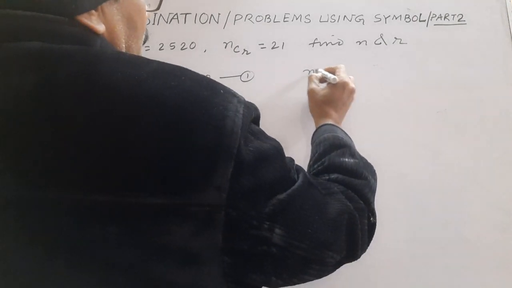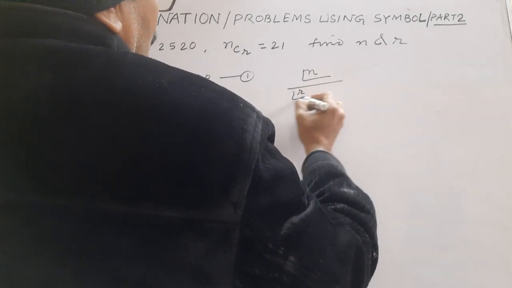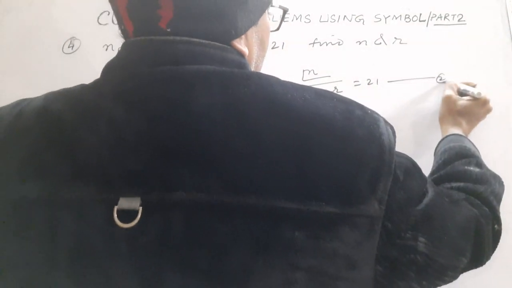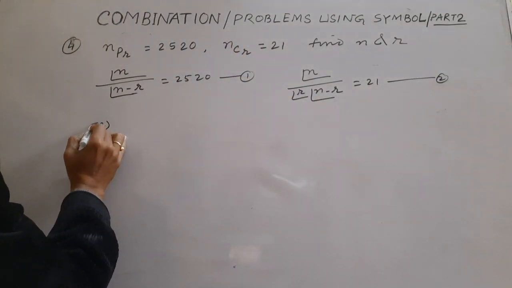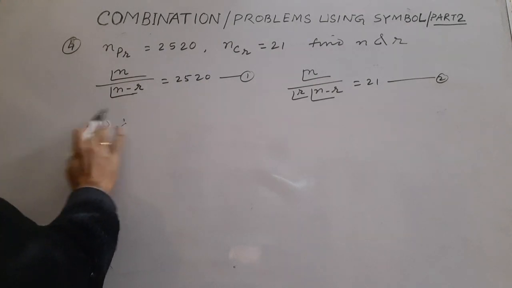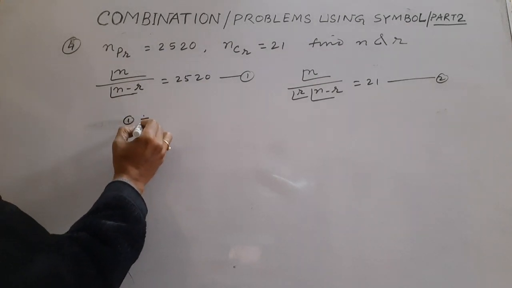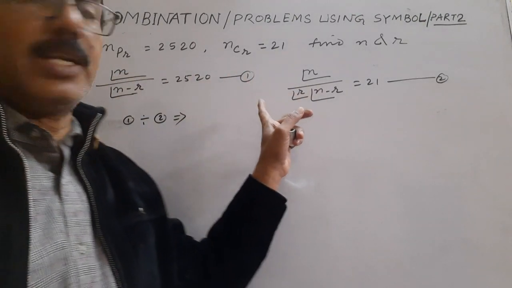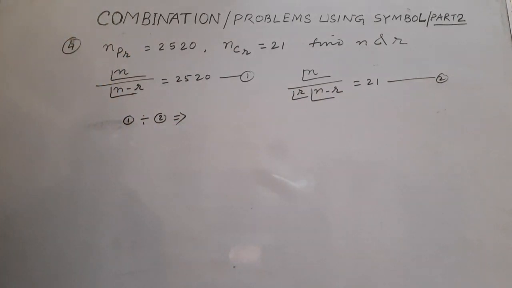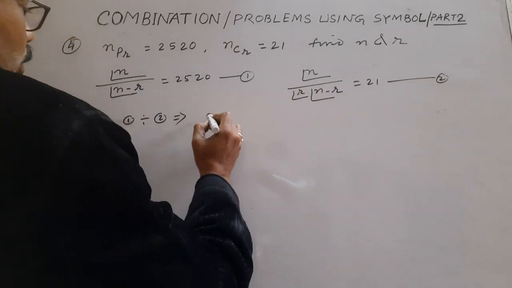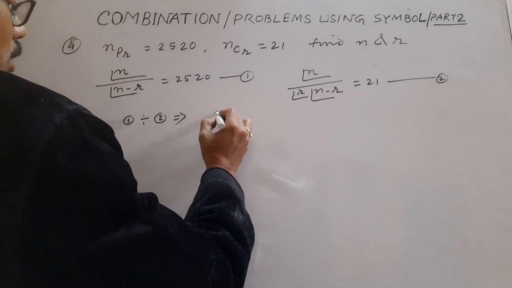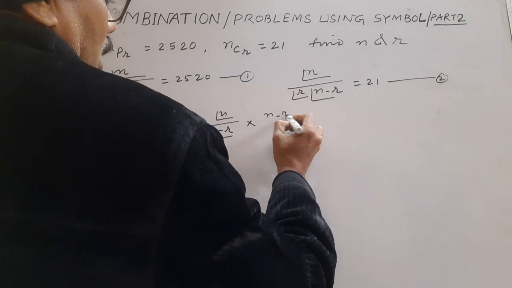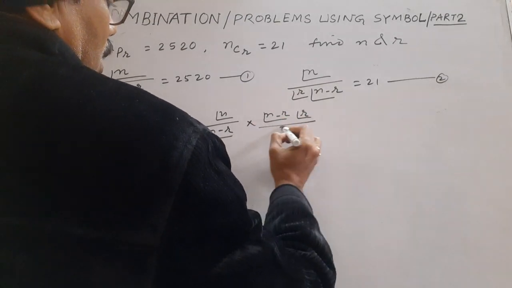This is factorial n by factorial r into factorial n minus r equals 21. So dividing, factorial n will be cancelled out, factorial n minus r will be cancelled out. So we are getting factorial r.